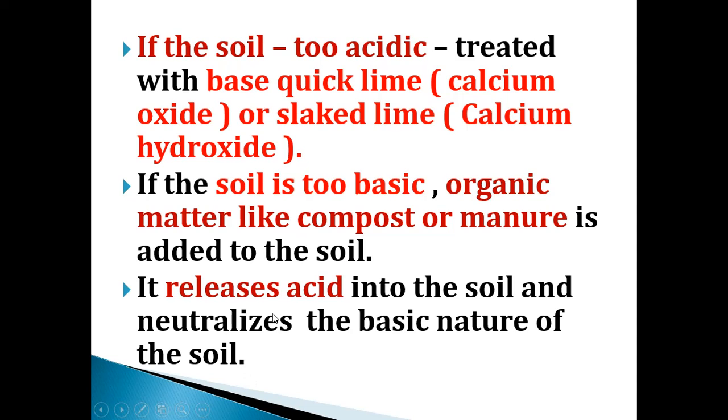Understood, children? So if the soil is too acidic, it can be treated with a base such as calcium oxide or calcium hydroxide. If the soil is too basic, it can be treated with compost or manure, which releases acid into the soil and neutralizes the basic nature of the soil.